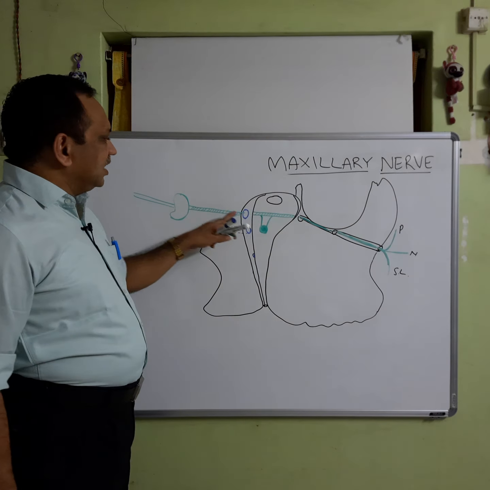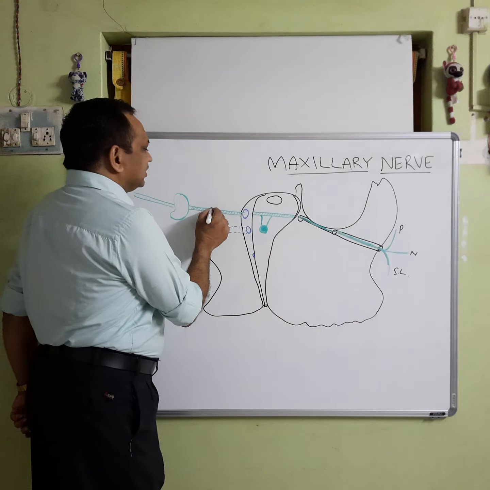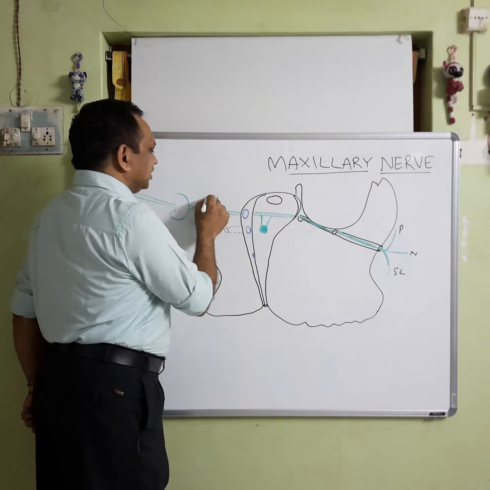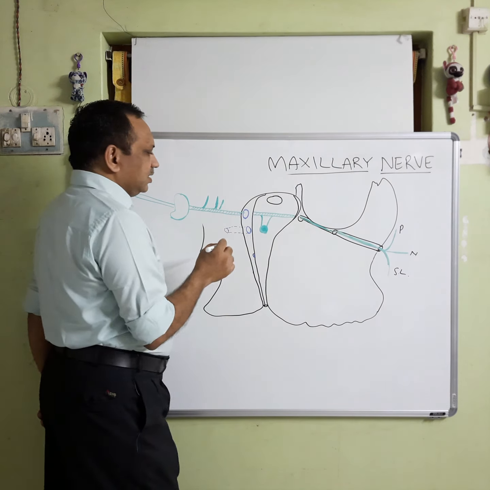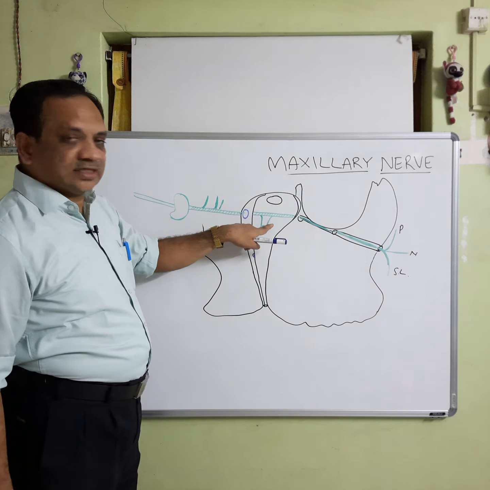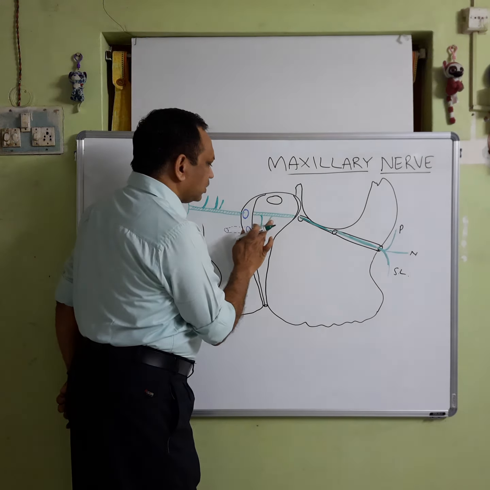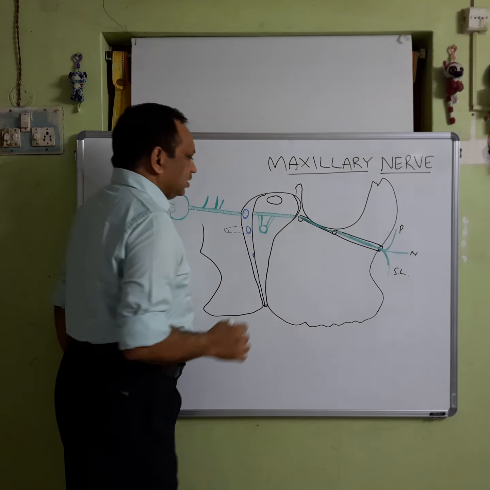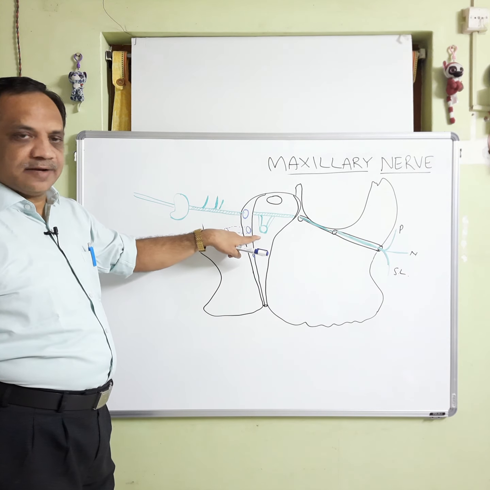So, the maxillary nerve, within the middle cranial fossa, gives a few branches to the meninges. So, these are the meningeal branches given to the dura mater in the middle cranial fossa. Then it gives ganglionic branches. These ganglionic branches will hang the pterygopalatine ganglion.